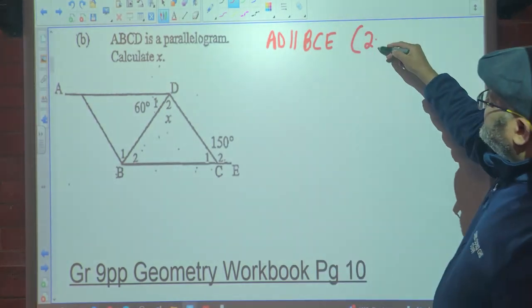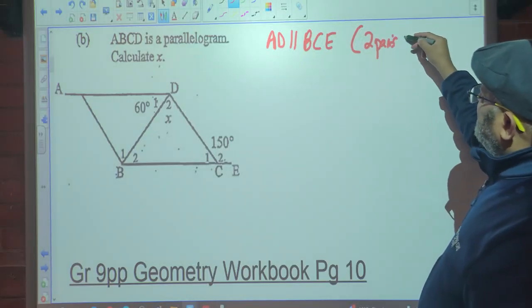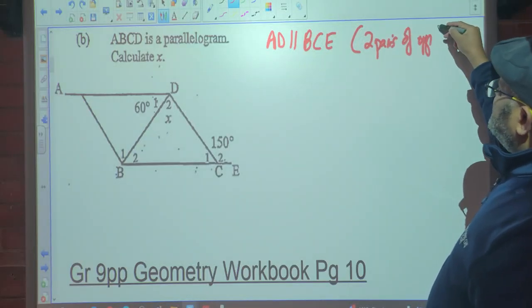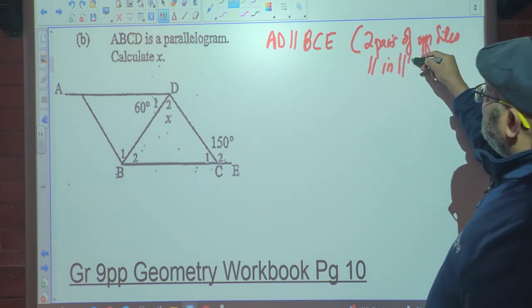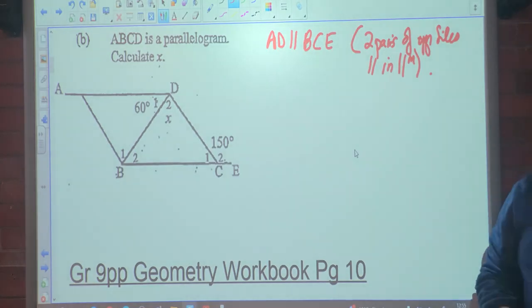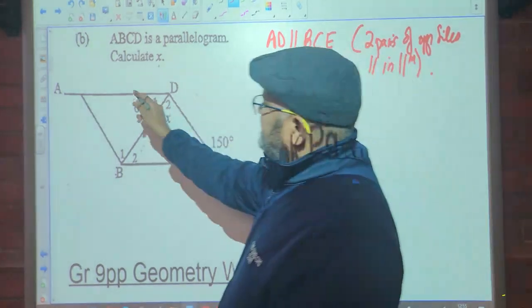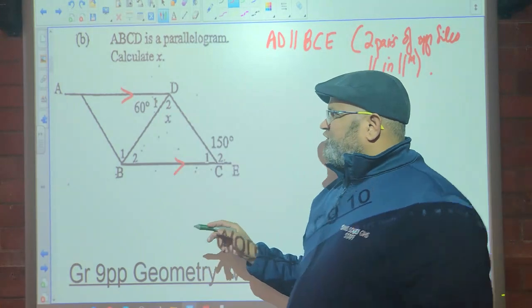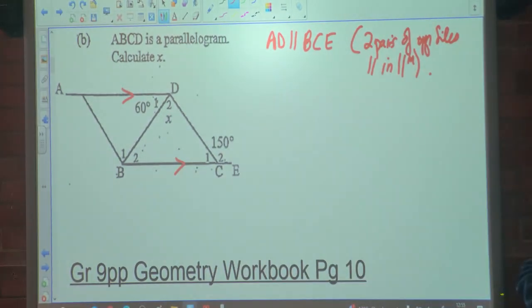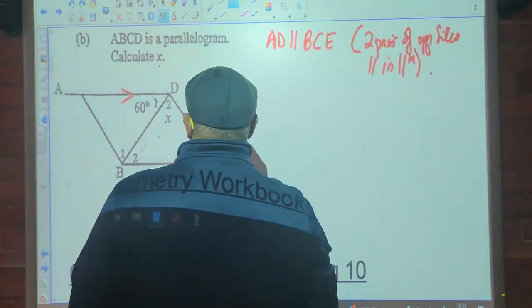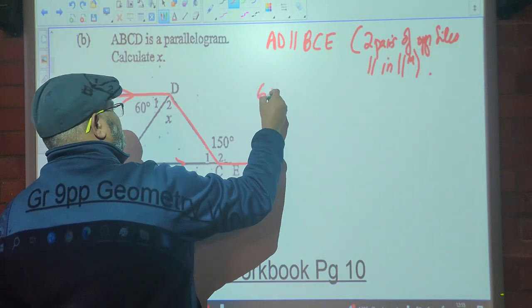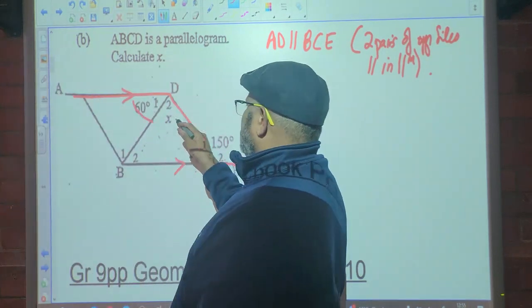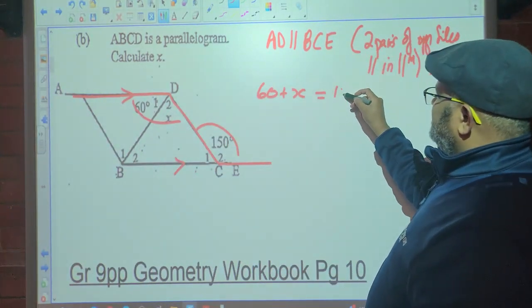Because two pairs of opposite sides are parallel in a parallelogram. So now I can legally write that in there. If you're not going to do that step, you're going to lose marks. Okay? So now we're saying that alternate angles can be applied. So we say 60 plus x, which is this angle here, is equal to 150.